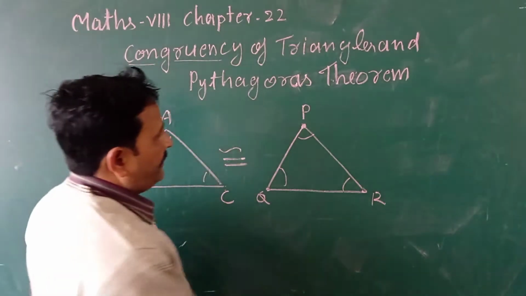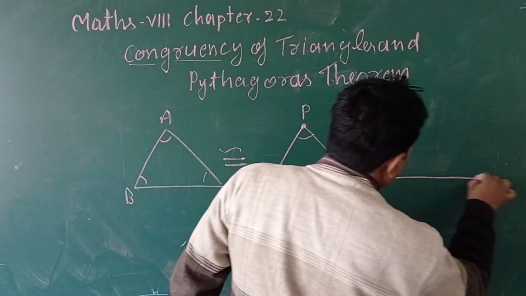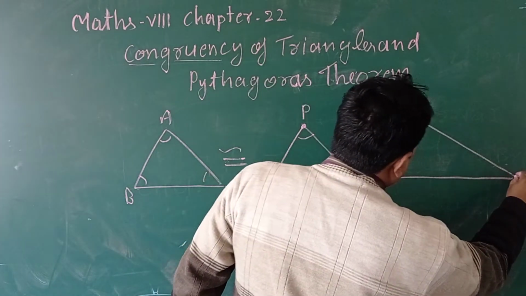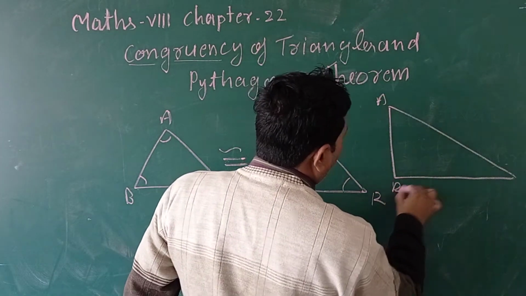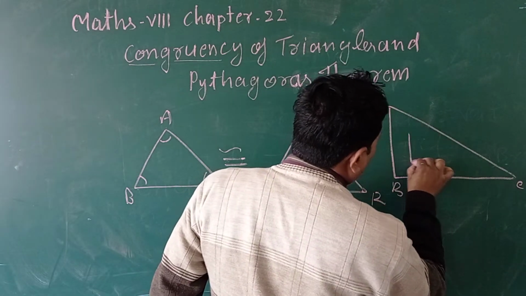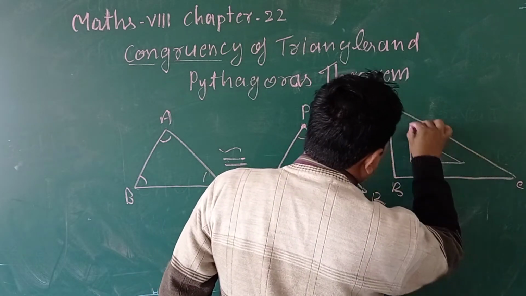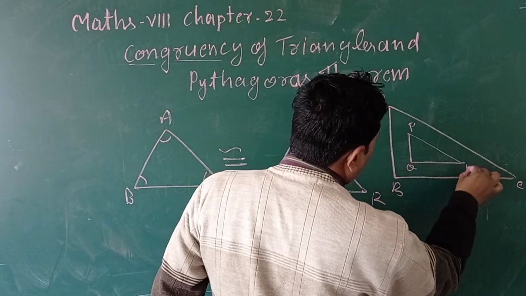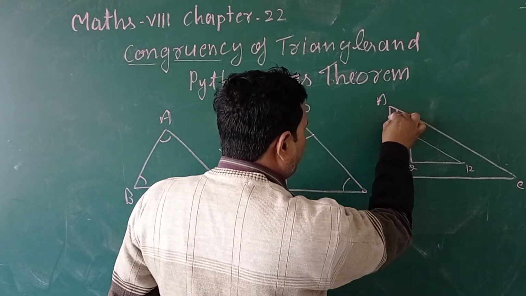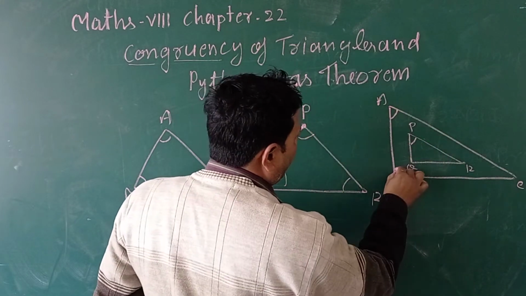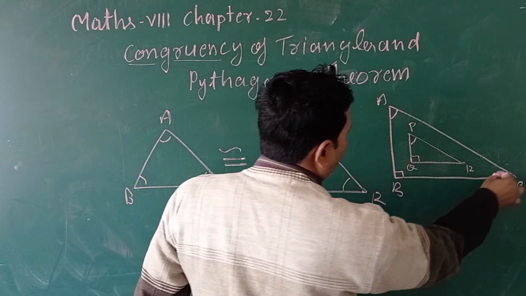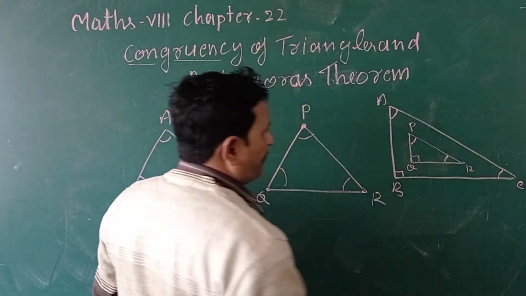Now see that, suppose in triangle ABC and triangle PQR, two triangles, this angle is equal to this angle, equal to this angle.